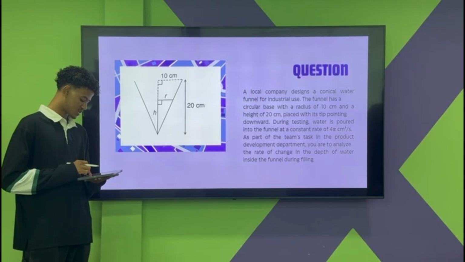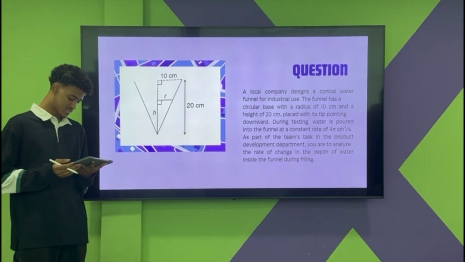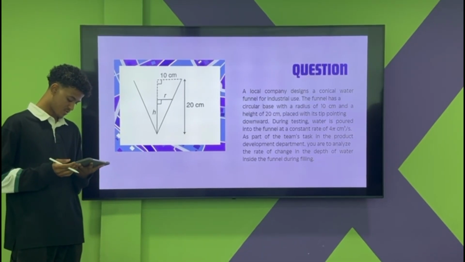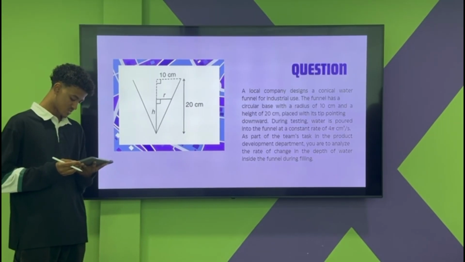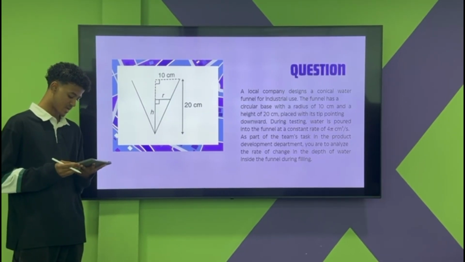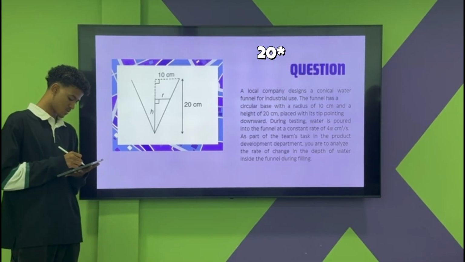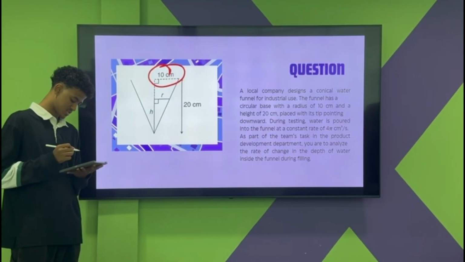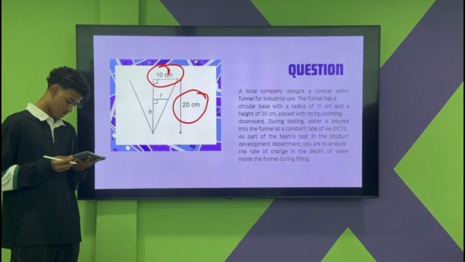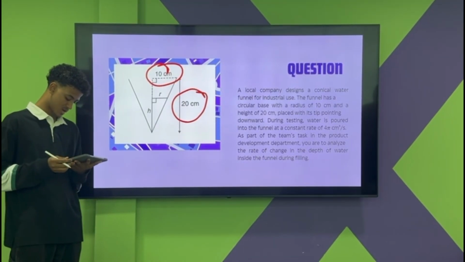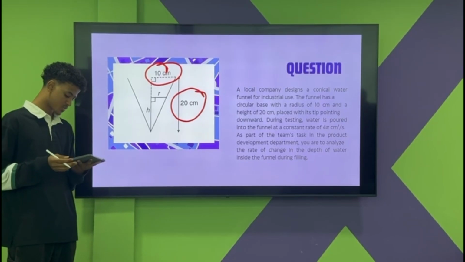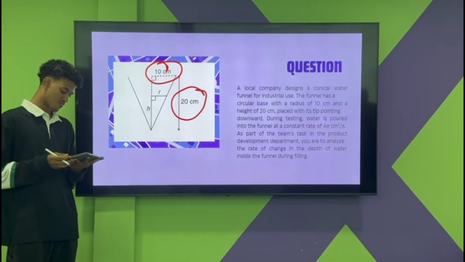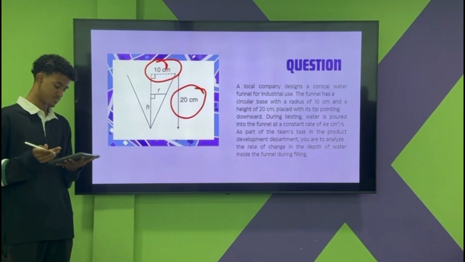So the question is, a local company designs a conical water funnel for industrial use. The funnel has a circular base with a radius of 10 centimeters and a height of 10 centimeters too. So you were given this in the example. Placed with its tip pointing downwards, during testing, water is poured into the funnel at a constant rate of 4 pi centimeter cubed per second.